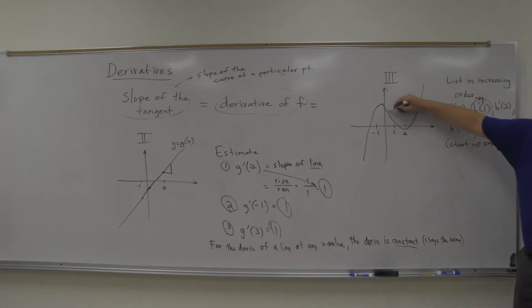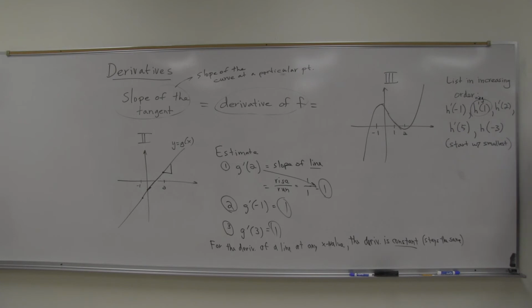And isn't that going to be a negative value? It's a negative value. The other one that's negative, well, I don't think I have any other slopes that are negative, but on purpose I did this one, and that's h of negative 3.